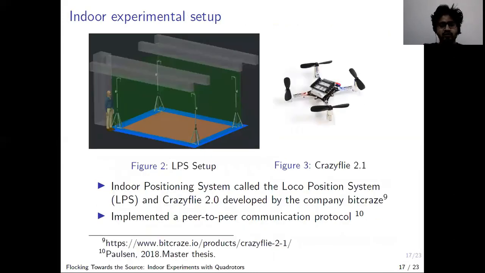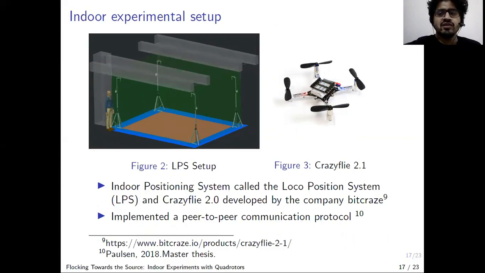Now, before we go to the experimental results, let's look at the setup that we have in our lab. The left figure shows a schematic of the indoor positioning system that we have. Each tripod has at the top and at the bottom an anchor, so the system together acts like an indoor GPS system.